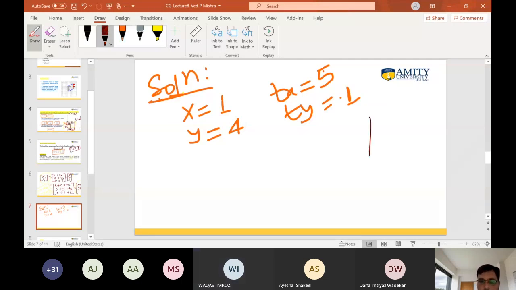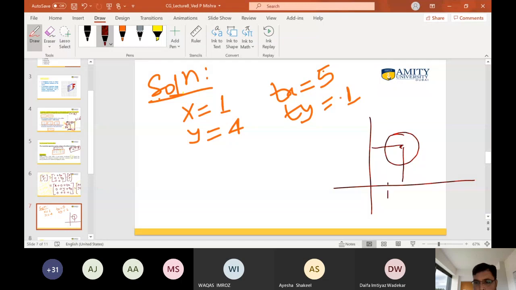Actually, the question is like this. Suppose that you have this. So 1 and 4, your circle is here. Suppose this is 1 and 4, this distance is 1 and this distance is 4.